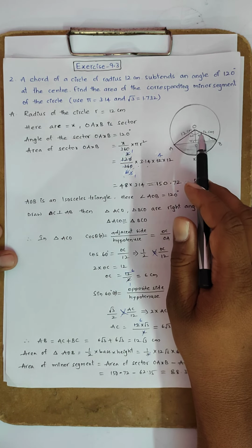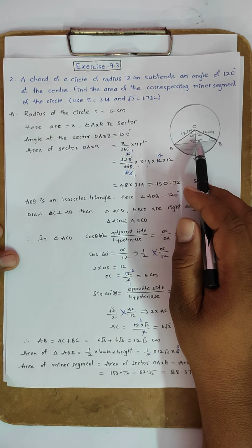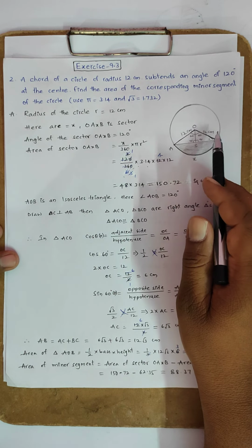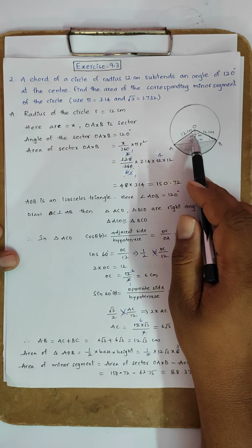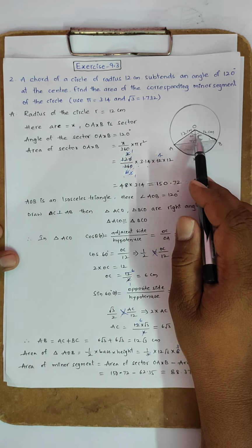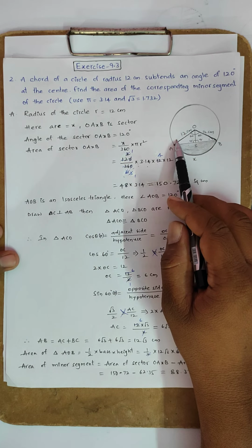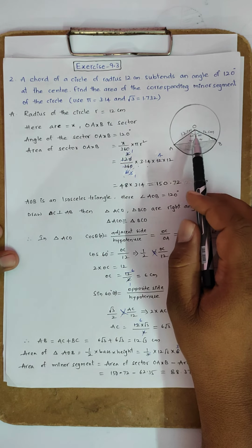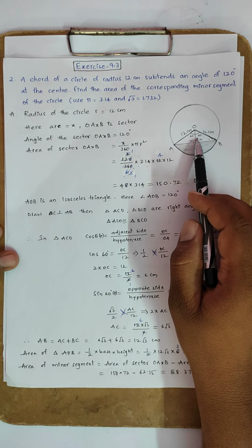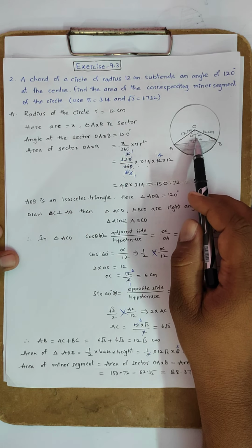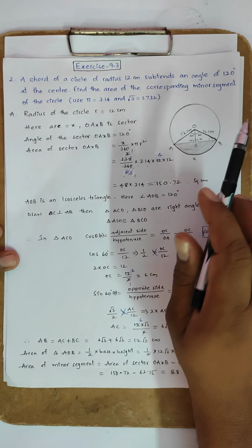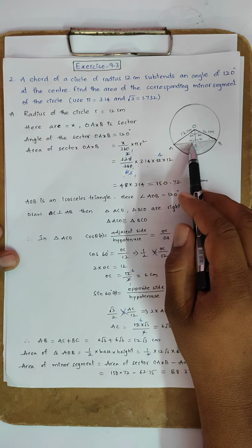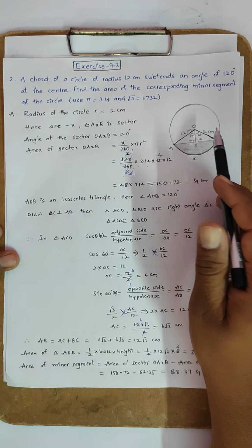In this triangle, to find the area, we don't have the base side and the perpendicular side. So using this angle and the hypotenuse, we can find the base side and perpendicular side, like the problems we did in the chapter on trigonometry. Use this concept to find the base side and perpendicular side.